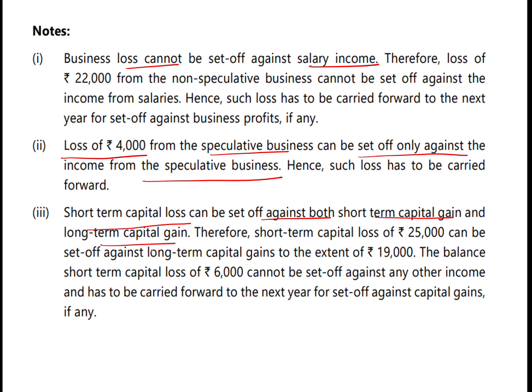I have explained all 3 points clearly. With this we had a discussion about the problem and solution, of how to do a basic adjustment of set off and how the basic working of set off and carry forward under income tax works. Thank you, students.